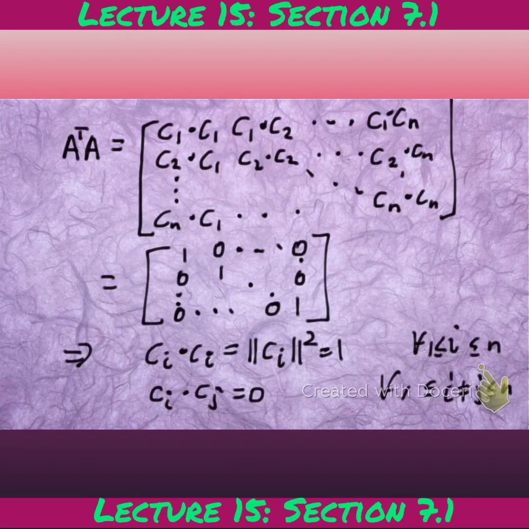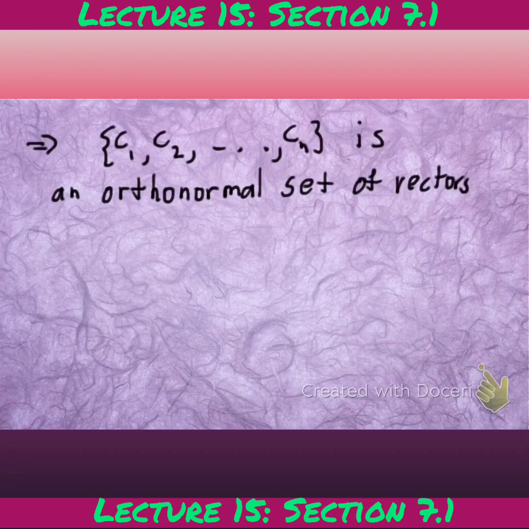So again, that's going to imply that the entries on the diagonal, the dot products, are going to be 1, and all the other terms are going to be 0, meaning that whenever these indices are not the same, the columns are going to be orthogonal to one another. So it's an orthonormal set of vectors. Right, so the set of column vectors is an orthonormal set of vectors.